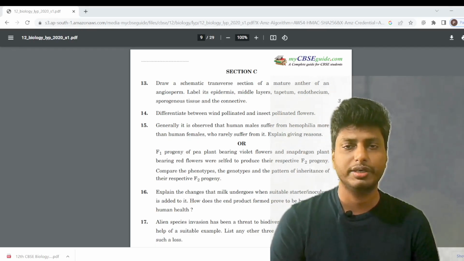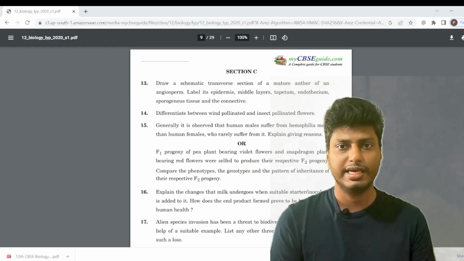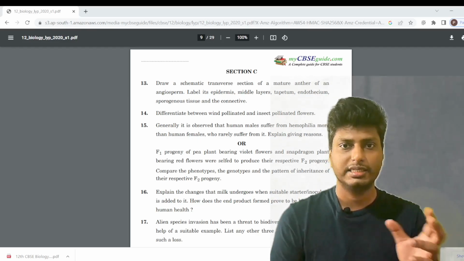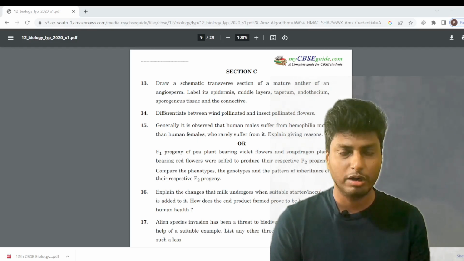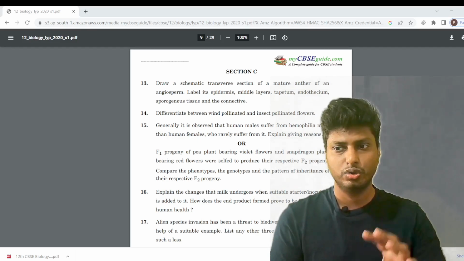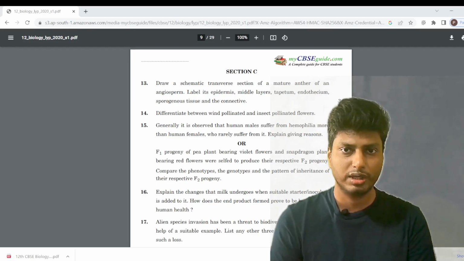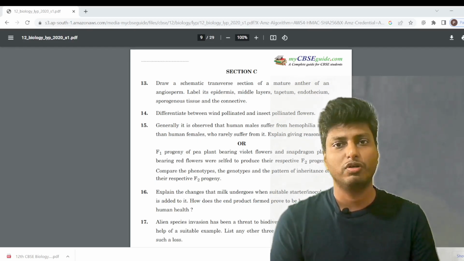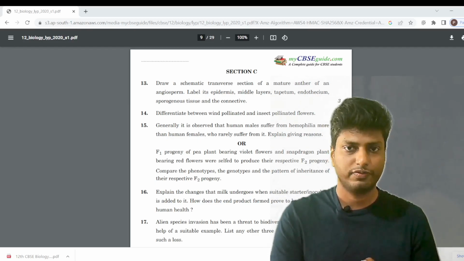You have to practice it once. Try to draw it by looking at the NCERT, and the second time, try to draw it without looking at the NCERT. Once you have drawn it by looking at the textbook and a second time without looking, you will be very confident with this part of the diagram.